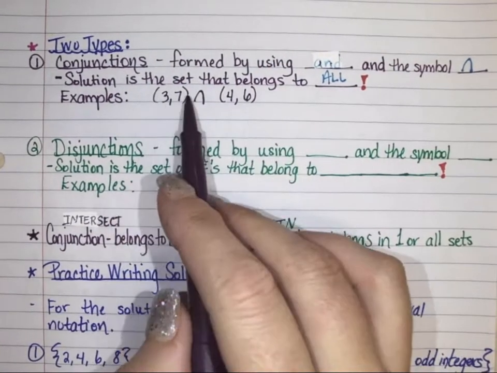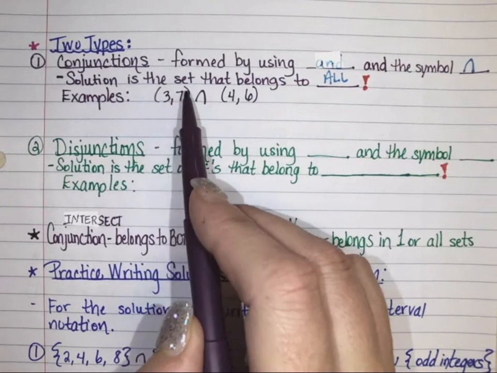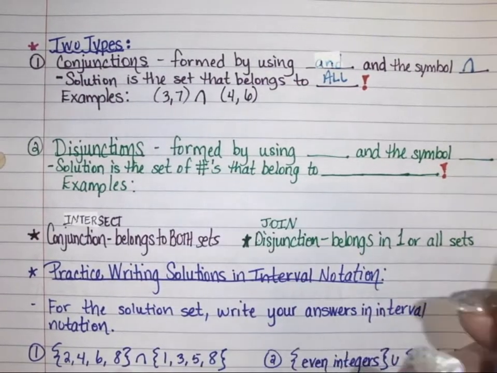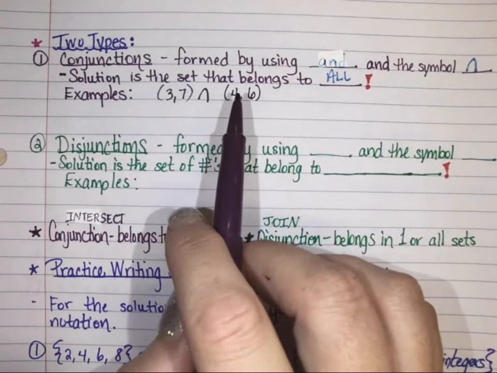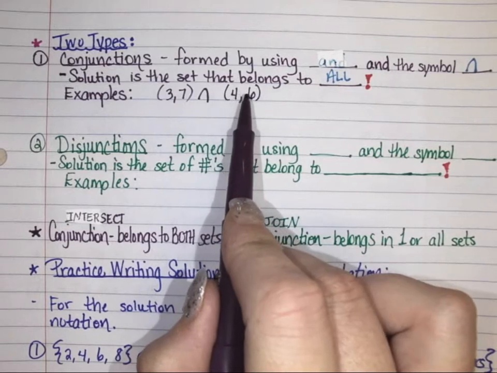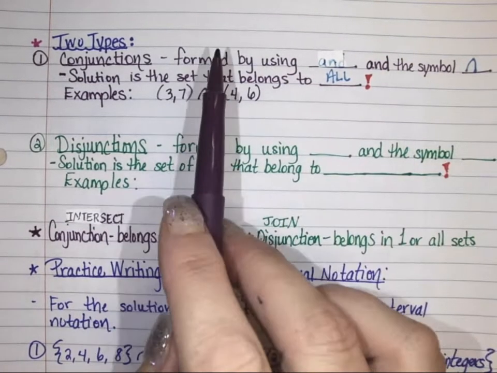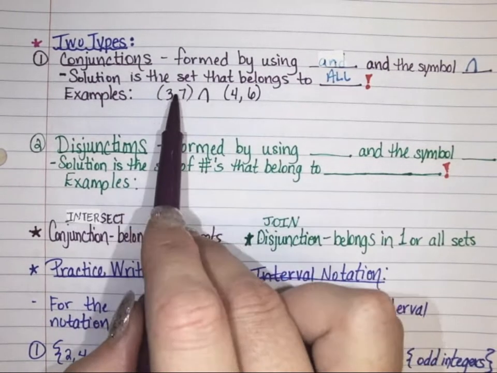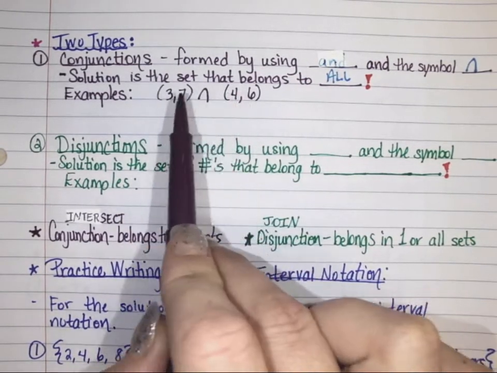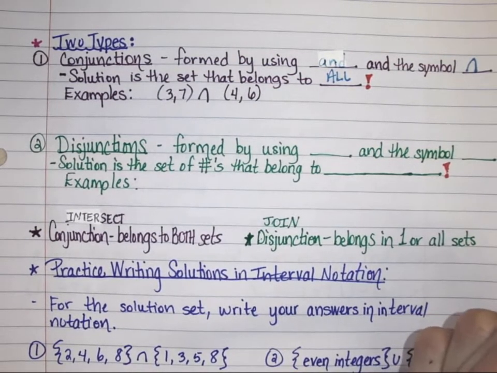And recall that parentheses means you don't actually include that number. So this is the numbers that are all between 3 and 7, which definitely include 3.5, 4.29, things like that. And this set of numbers are all the numbers in between 4 and 6, but they don't include 4 and 6. As we're going to see in a minute, we're going to be taking both of these solution sets and combining them into one.